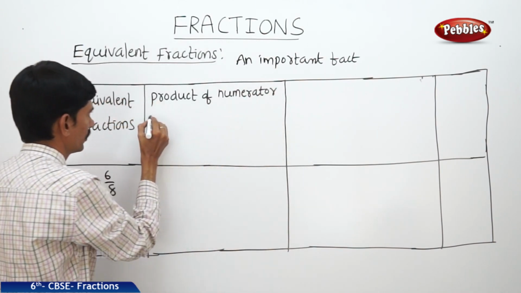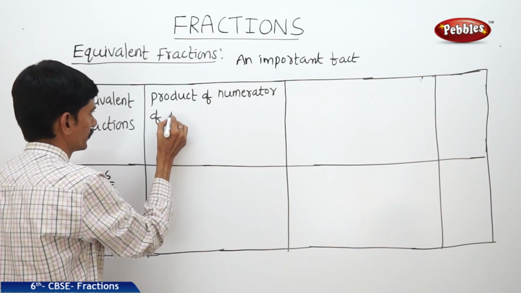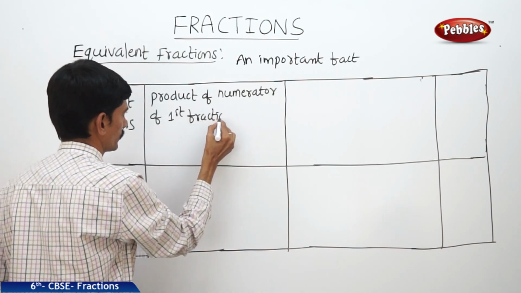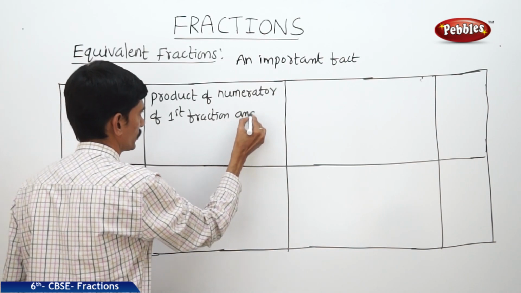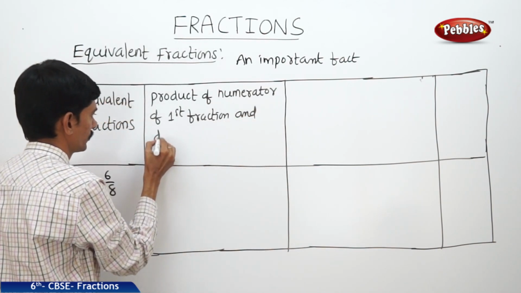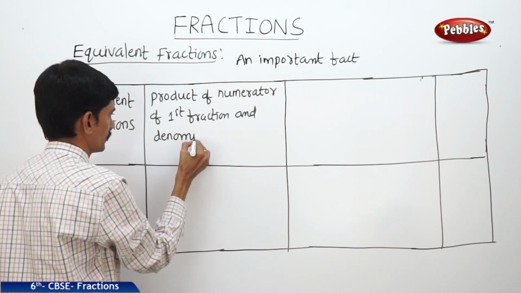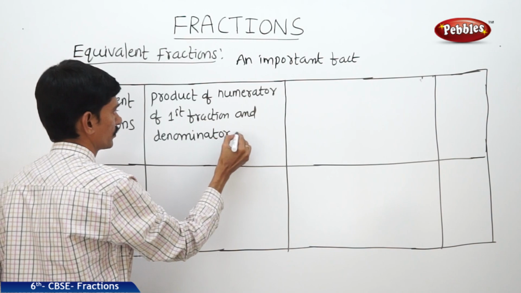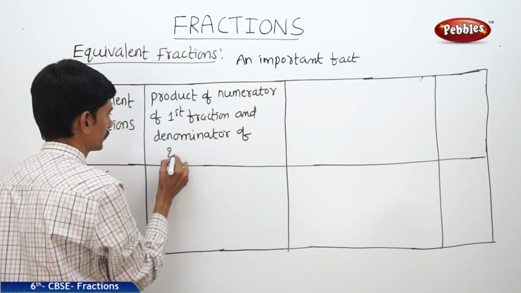Now let us take the product of the numerator of the first fraction and the denominator of the second fraction.